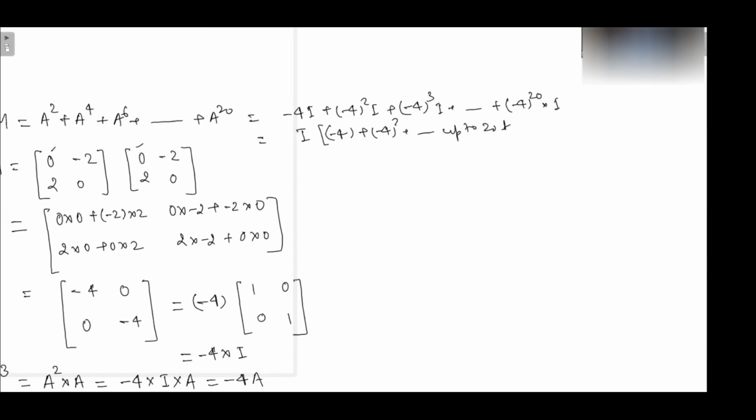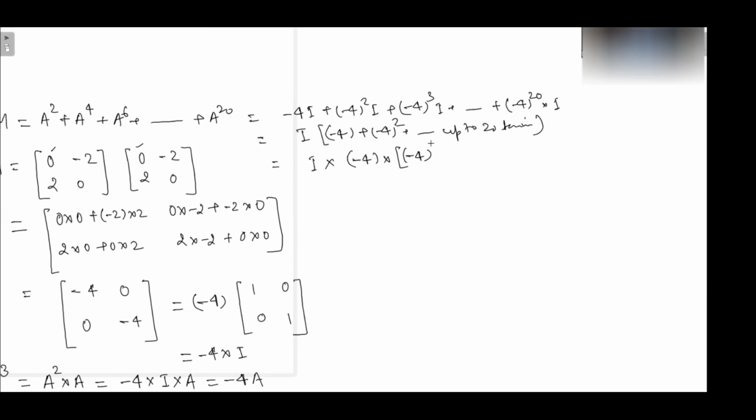And then this is something we can write as i into, this is a. We know the formula for the summation of a GP, which is a into r raised to the power n minus 1 upon r minus 1. So we can write a into r raised to the power. So r is again minus 4 itself, as we can see if you divide this by this.